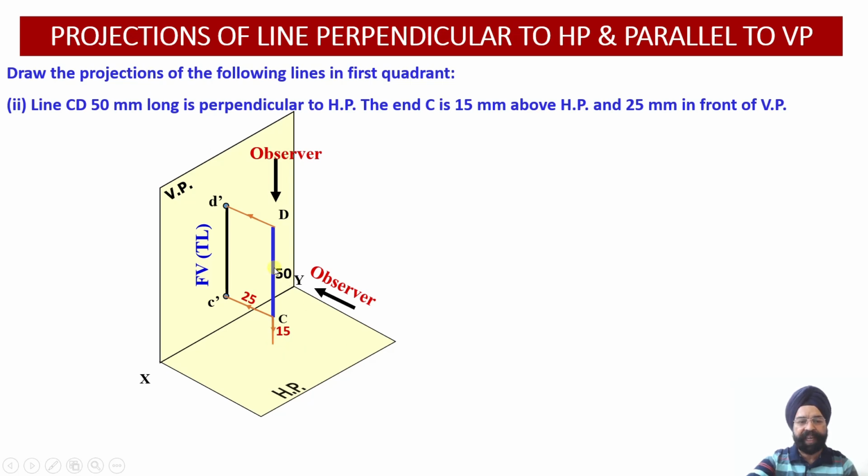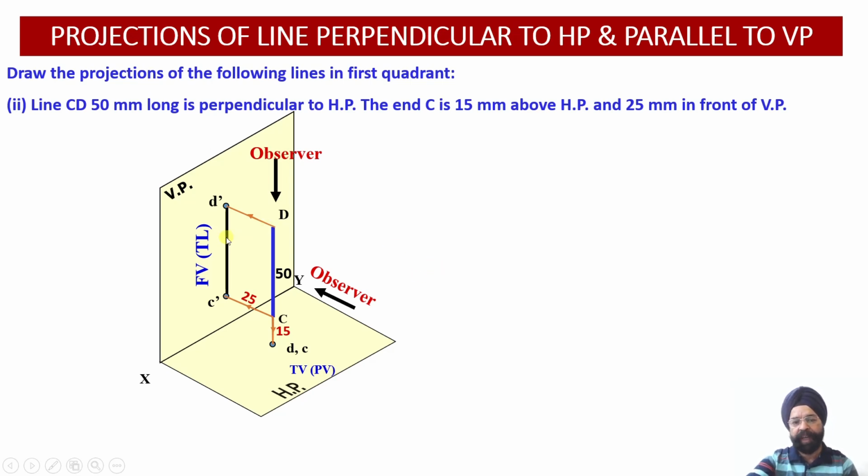So in this case my line was perpendicular to the horizontal plane, so my projections of point D and point C, they are going to converge and I am going to get d comma c because top view has to be represented by small alphabets without a dash. So d and c represent the projections of my line CD as it appears on the horizontal plane in the top view. So I can say that my top view represents the point view of the line, right? So this is my point view of the line. So projections I have obtained.